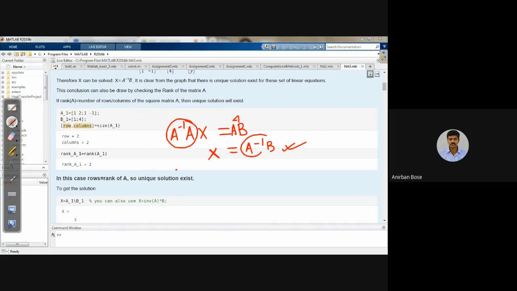Okay, so you can do it that way in MATLAB. For the inverse of any matrix, you can use the INV function, INV with that particular matrix name within parentheses, then multiplication B. When you write the star multiplication, it will do matrix multiplication, and if you write dot multiplication, then it will do element by element operation. I hope you remember that.